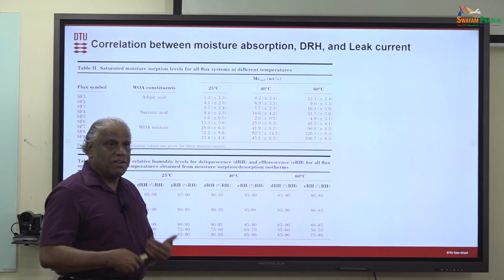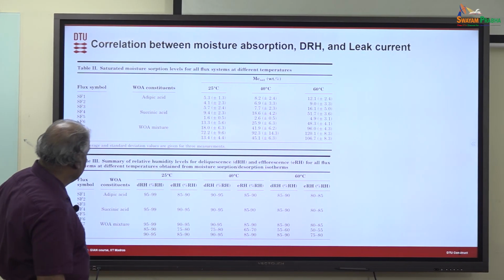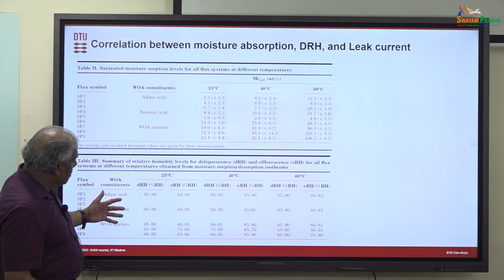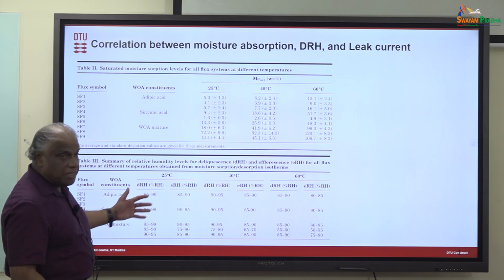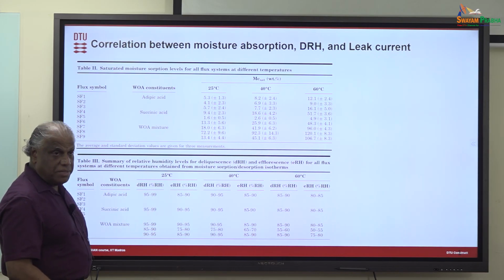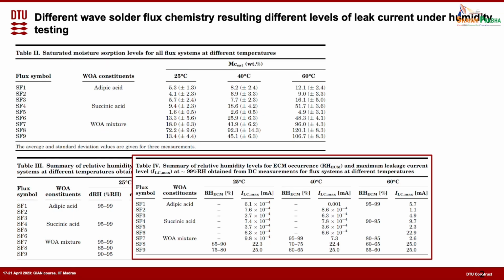That means more water film is forming, which is directly connected to the deliquescence humidity level and all those related things. When we do the experiment, you also get these leak current levels, which correspond to this moisture absorption. So you can do this correlation.